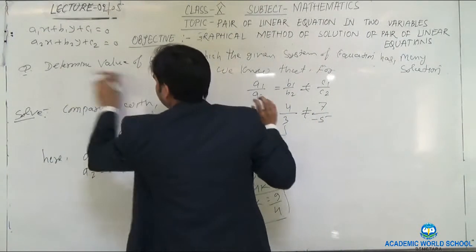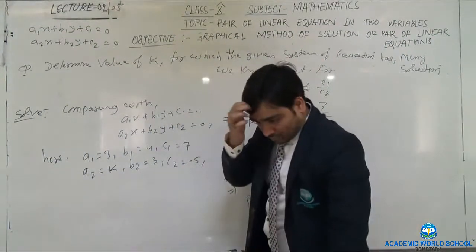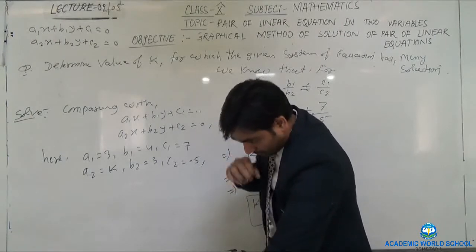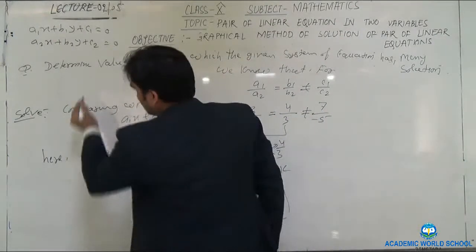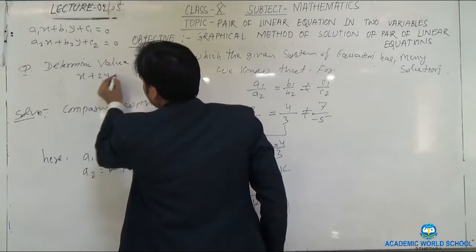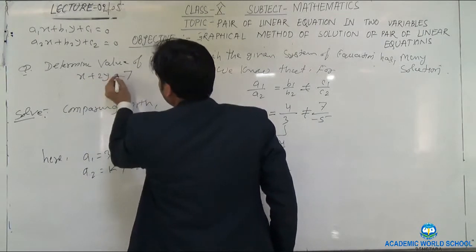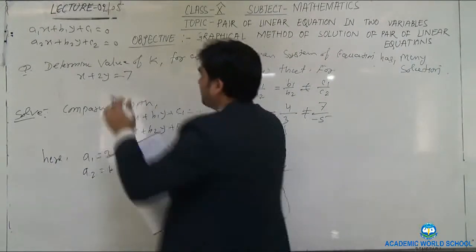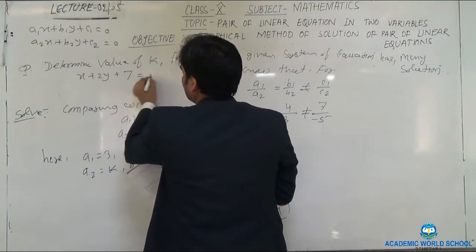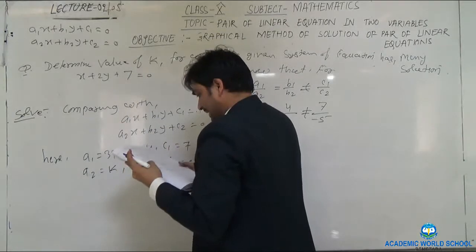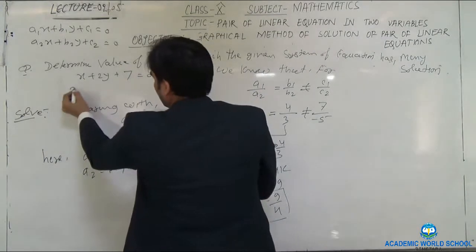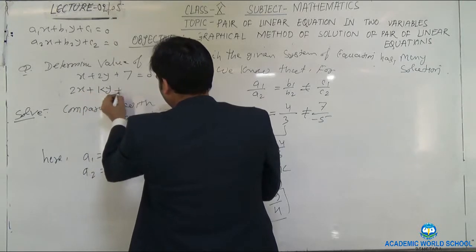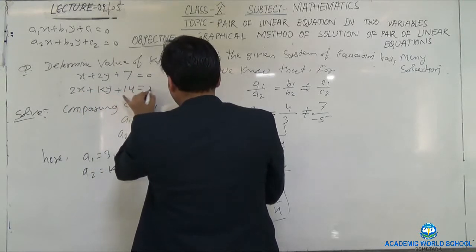Now see, an equation is x plus 2y plus 7 is equal to 0, and the second is 2x plus ky plus 14 is equal to 0.